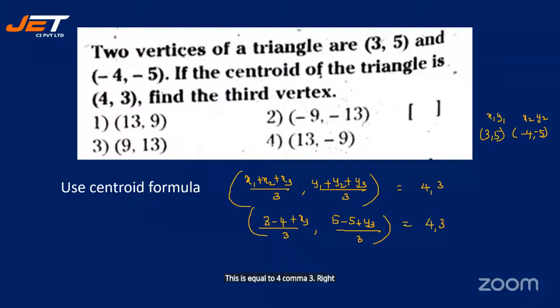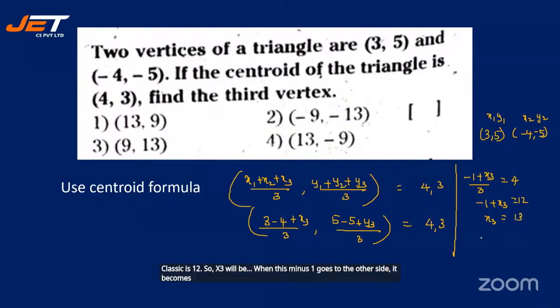Right? Okay. Now, 3 minus 4 is minus 1 plus x3 by 3 is 4. So minus 1 plus x3 is 12. So x3 will be, when this minus 1 goes to the other side, it becomes 12 plus 1, 13.